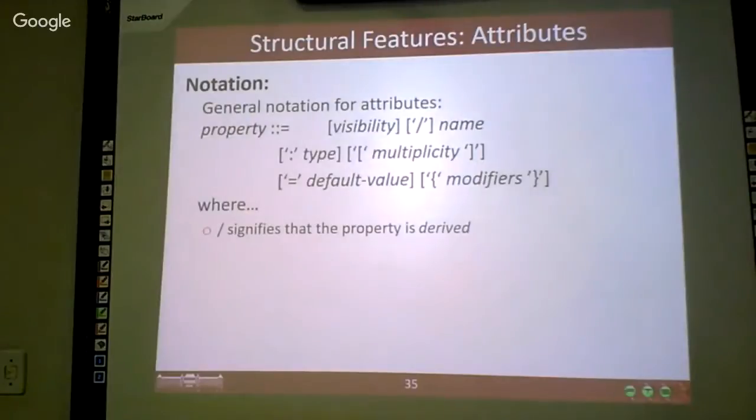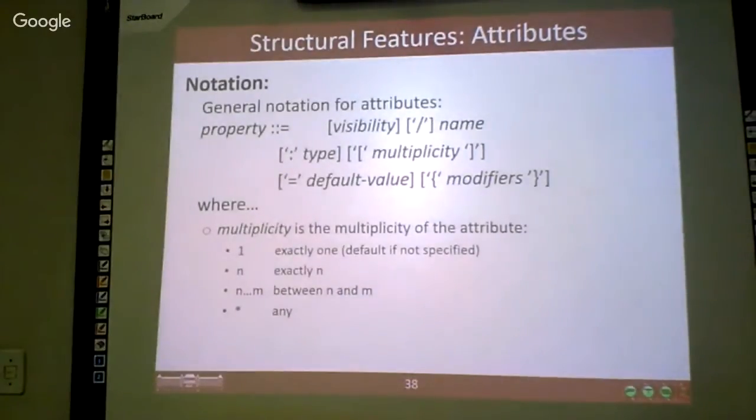After that, you can define whether the property is derived, which means that we will not store this attribute, but we will compute it every time somebody wants to access it. Then comes the name of the attribute. Then we define the type of the classifier, and then we can define the multiplicity of the attribute.